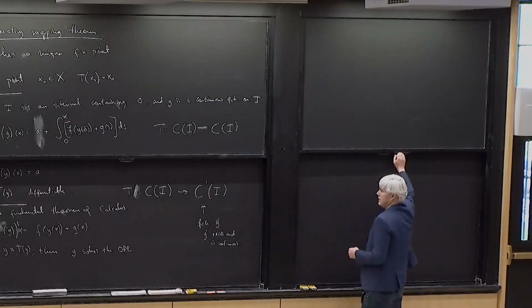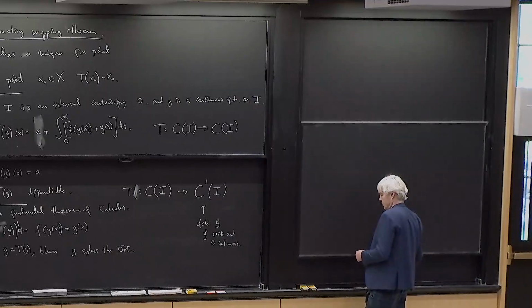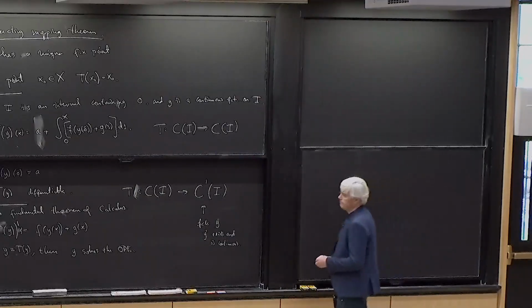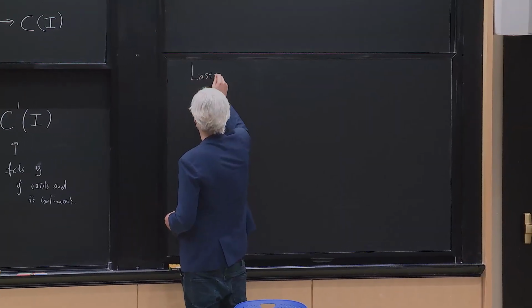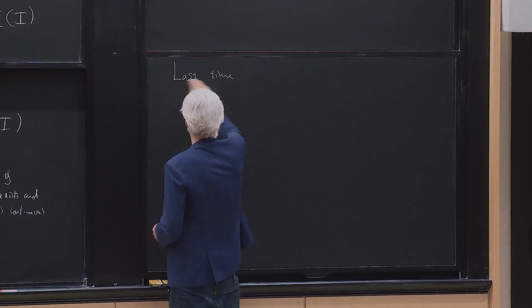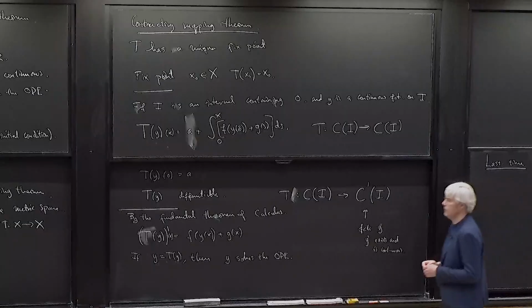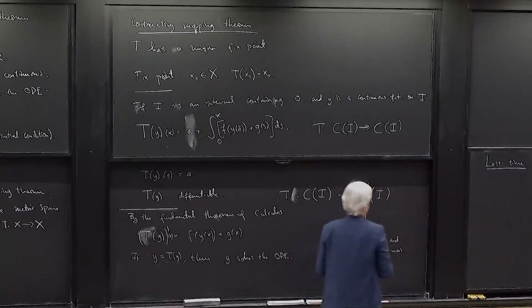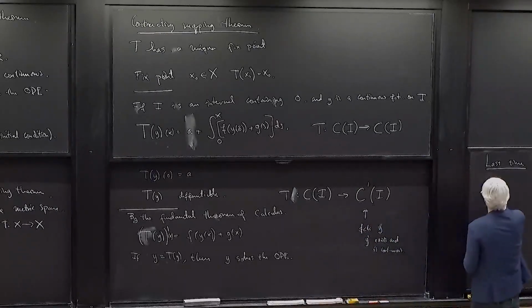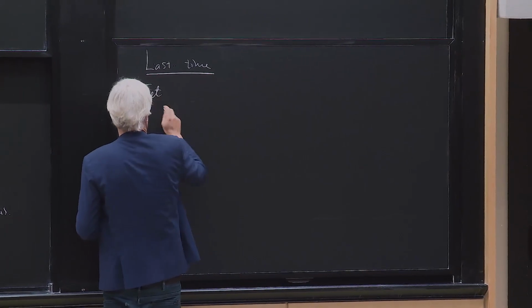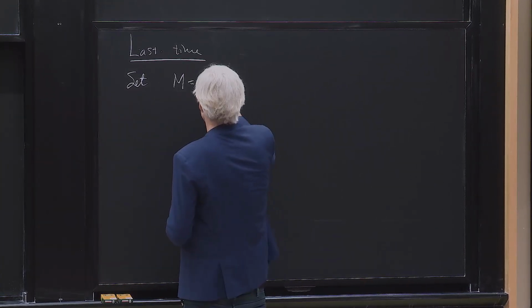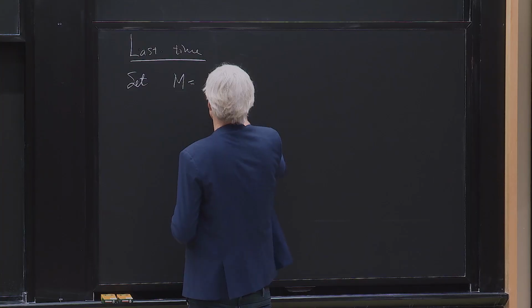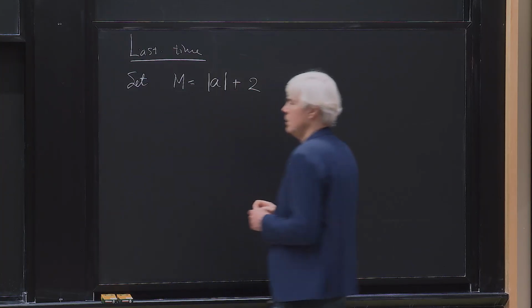And so what we did last time was that we saw that if we restrict the interval, so last time we showed, so we set m here equal to the absolute value of a, plus 2.